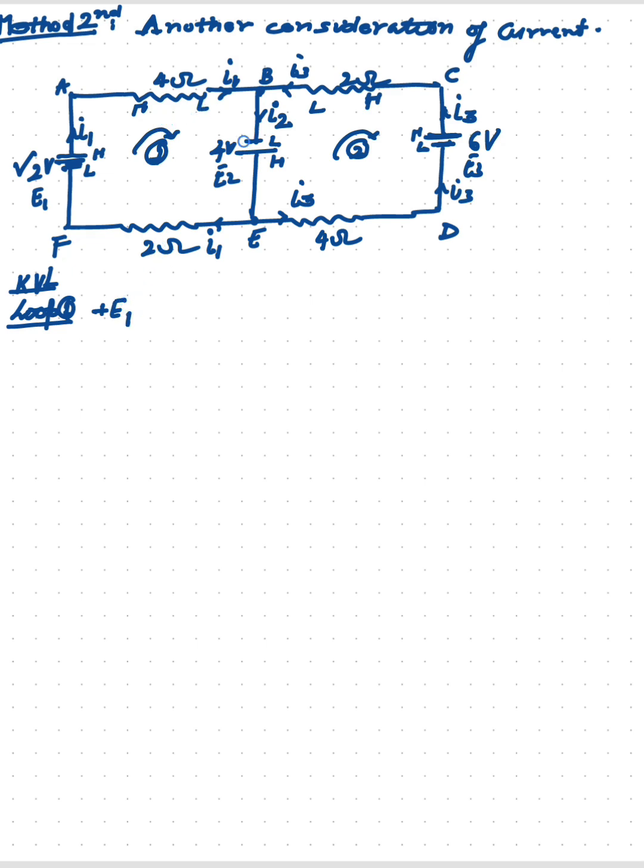Here high to low, so this will be minus 4 I1. Here low to high, so this will be plus 4. And here, this will be high and this will be low. Across the 2 ohm resistance, high to low, so this will be minus 2I1.